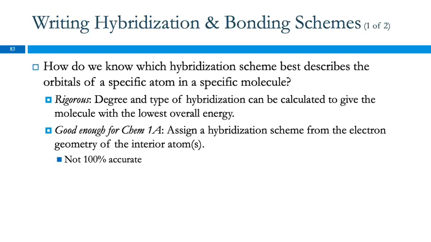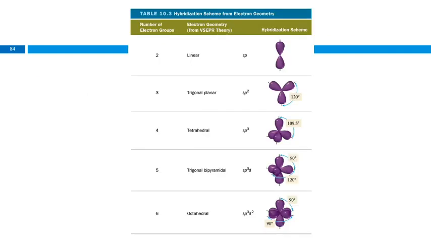So we're looking at our Lewis structure and counting electron groups. However many electron groups, that's how many hybrid orbitals we need. It's not 100% accurate, but it's good enough. So that's what we're going to go with. This is a table summarizing the different hybridization schemes and their shapes.